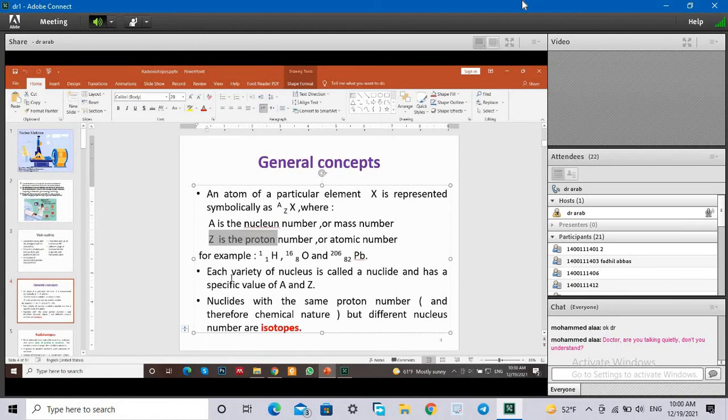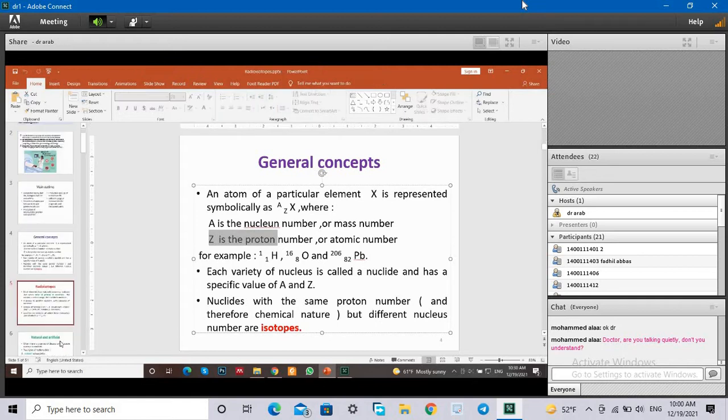In practice, a nucleus can be identified by Z and A. In nature, nuclei with the same atomic number Z but different neutron number N are called isotopes.